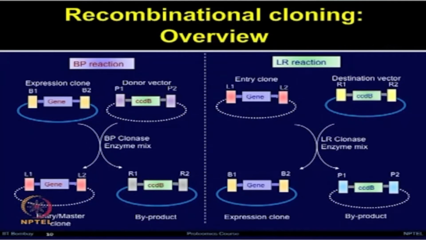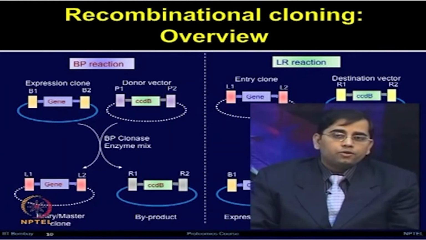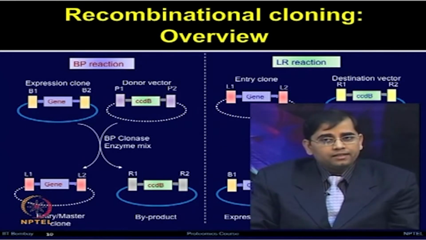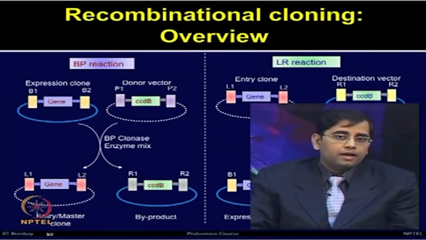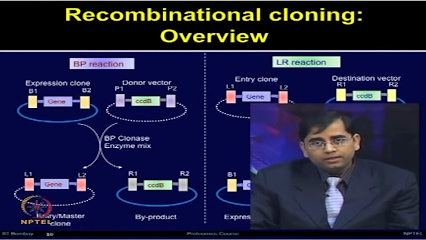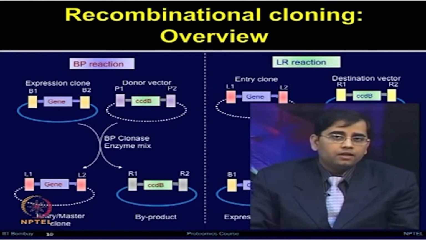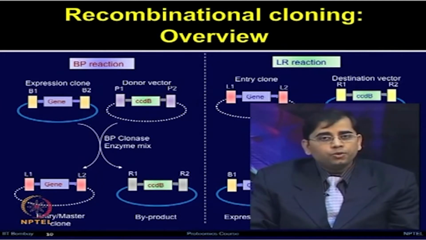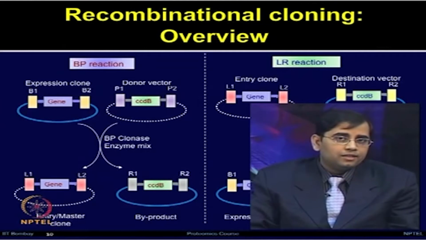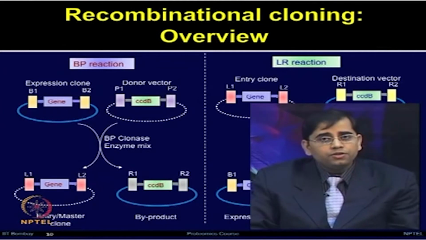So, now as an overview of this reaction of recombinational cloning, there are two steps involved, the BP reaction and the LR reaction. The recombinational cloning technology facilitates protein expression and cloning of PCR products by using site-specific recombination enzymes rather than the restriction endonucleases and ligases which are used in conventional cloning.